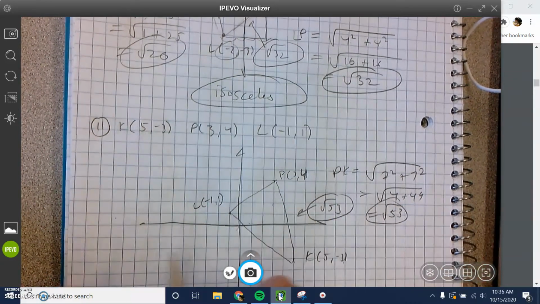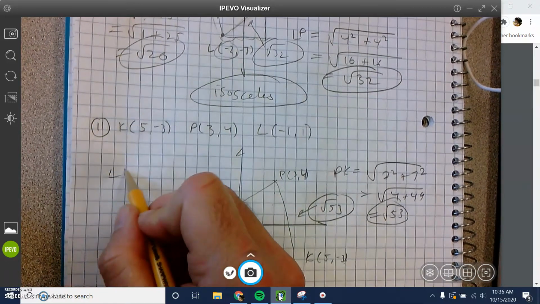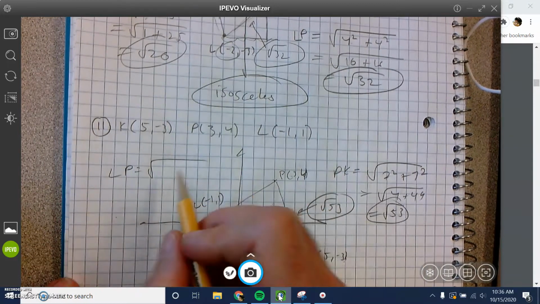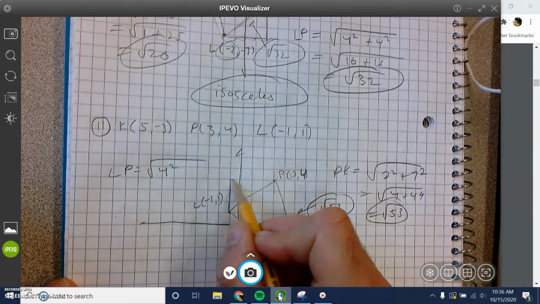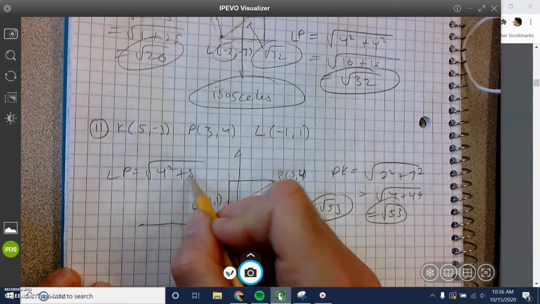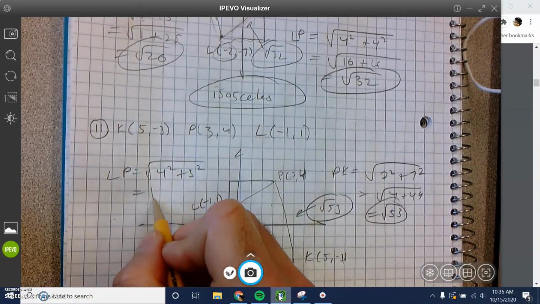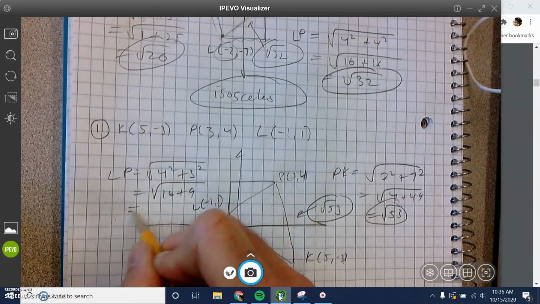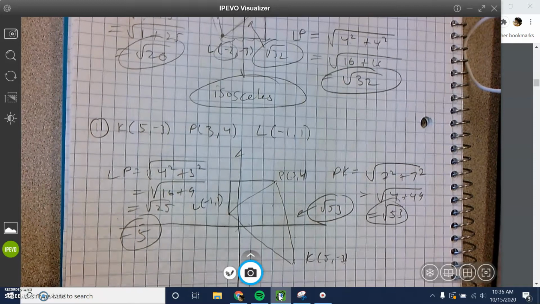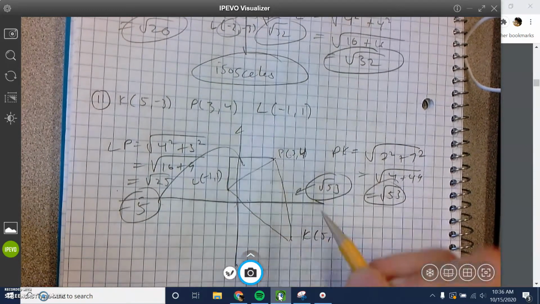So this side right here, this is LP. Square root of the x's, -1 to 3, which is 4. And the y's, you can just count, is 4 to 1, which is 3. So that's going to be 16 plus 9, which is square root of 25, which is 5. Because 5 times 5 is 25. So this is 5 here.